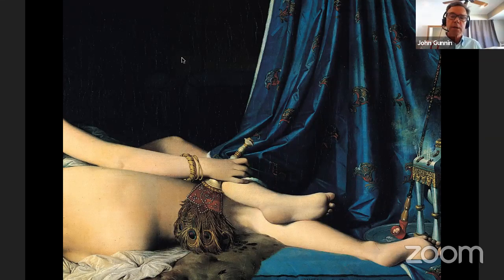These were all the accoutrements of a harem. And of course, the interesting part is that the artist never went to a harem. It's all from his imagination, and this would be based on European fantasies of what went on in a harem as opposed to the reality.